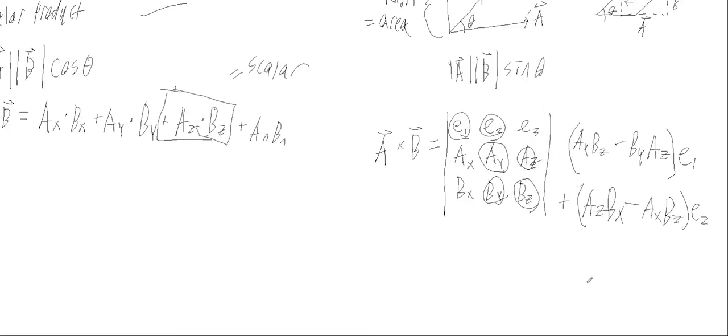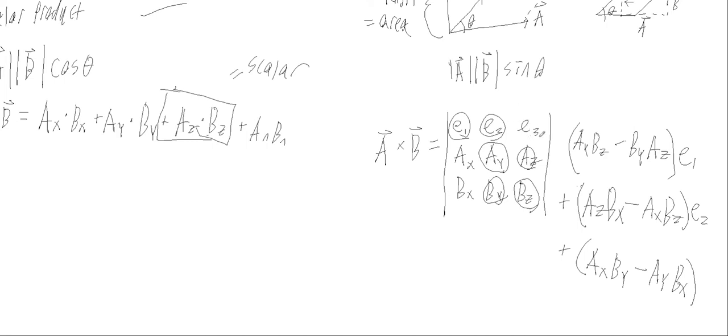So now we move on to E3, and so that will be AX times BY minus AY times BX. And so you can see that you are just using the components that are not underneath the basis from which you are at.